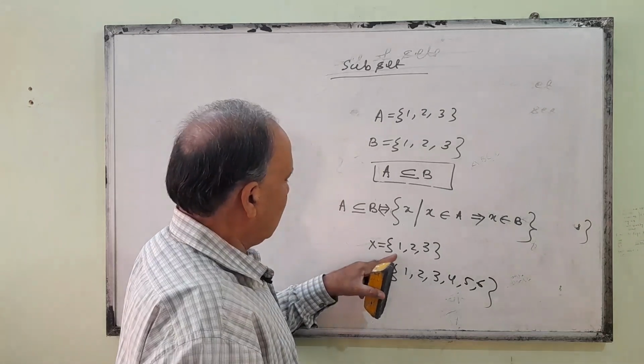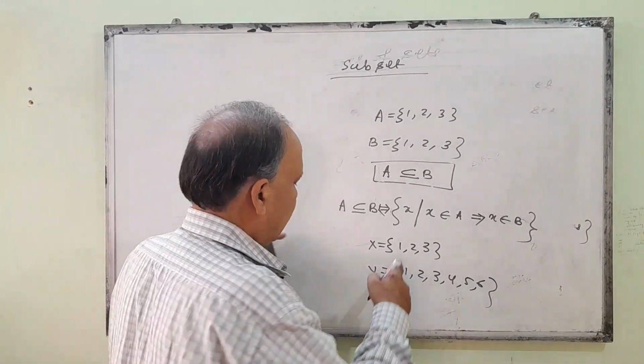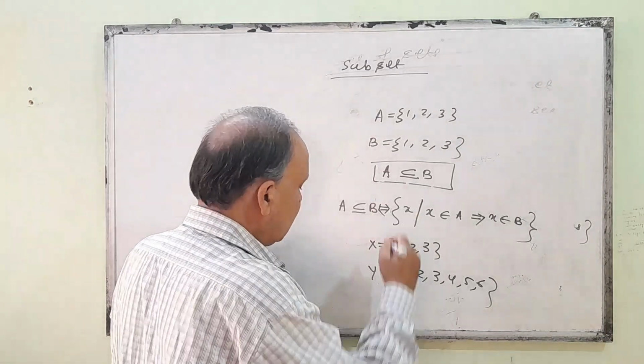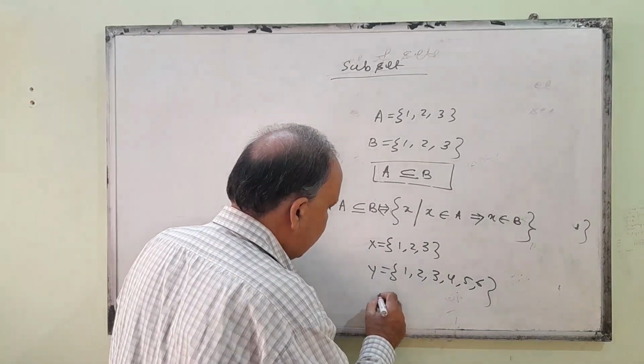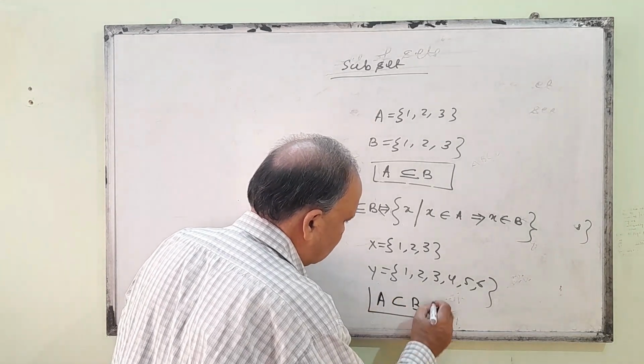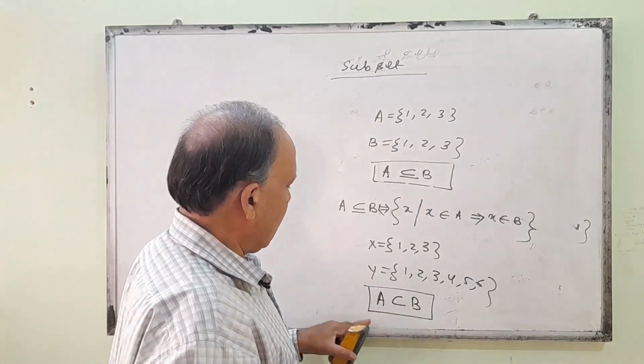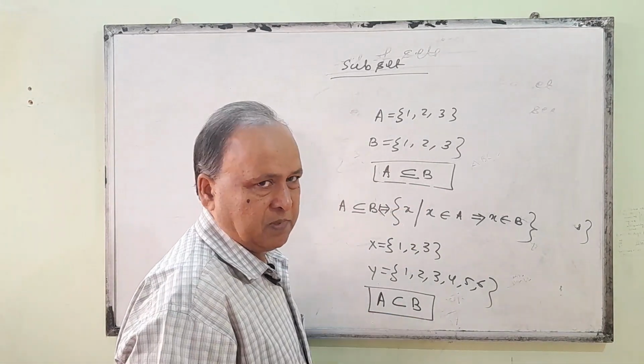Here every element of X is present in Y, but X is not equal to Y. In this case, you give the symbol A is a proper subset of B. You remember, there is just a little difference between the two symbols: this is A is a subset of B and this is A is a proper subset.